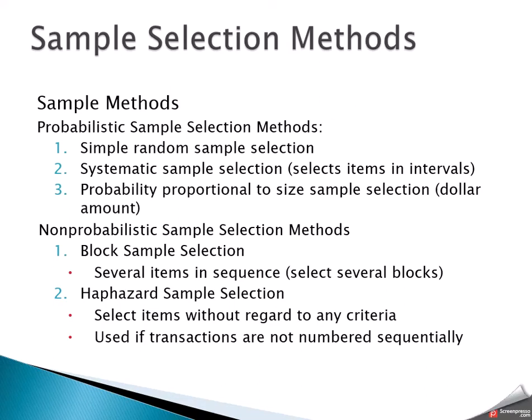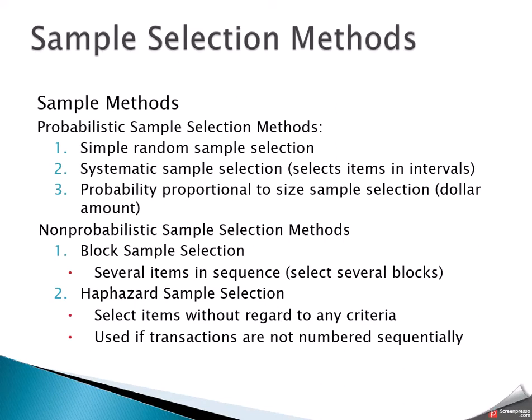Then the non-probabilistic sample selection methods include block sample selection. You select a block of transactions, several items in a sequence. Then there's haphazard sample selection, where there's no regard to criteria.